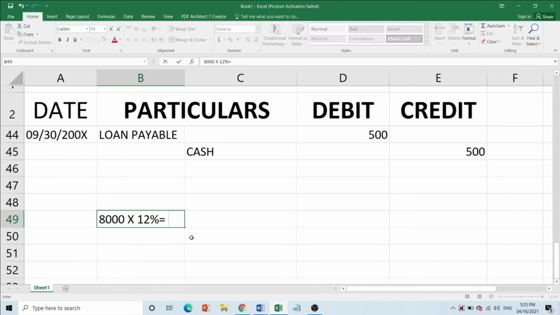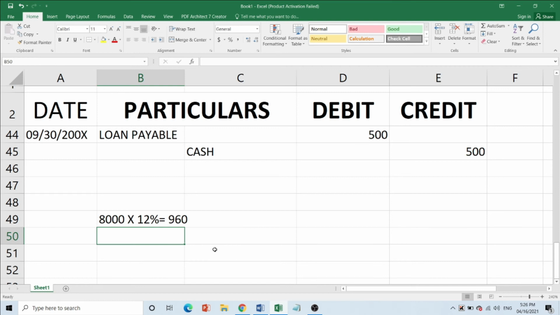Magkano po makukuha natin? If you have calculator there, pwede po ninyo akong sabayan sa pag-compute natin. Para at least ma-practice po tayo on how to compute transactions like this. So 8,000 times 12% amounts to 960 pesos. Tama po ba?